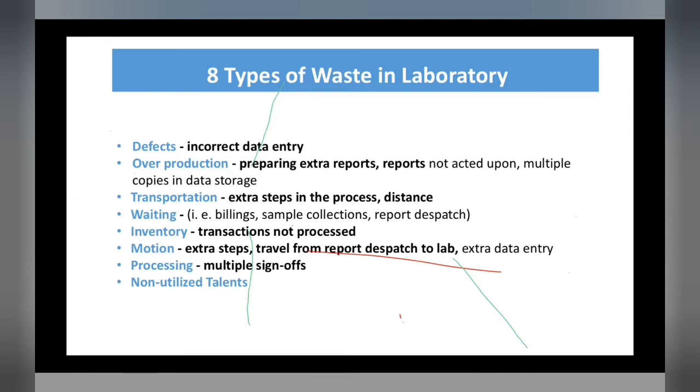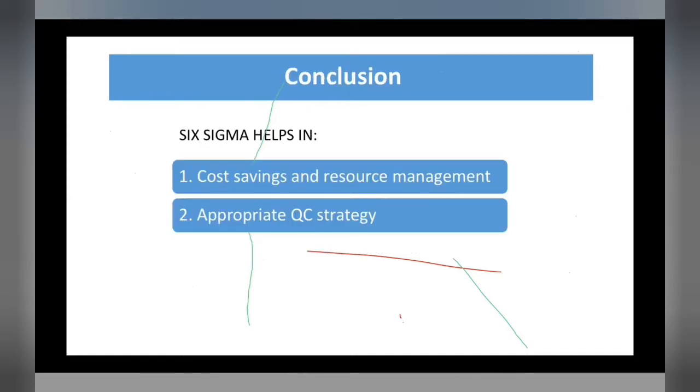So you are appointing separate persons for separate activities. In conclusion, you can understand Six Sigma helps us in cost saving and resource management. And it also helps us in developing appropriate QC strategy in our laboratory.